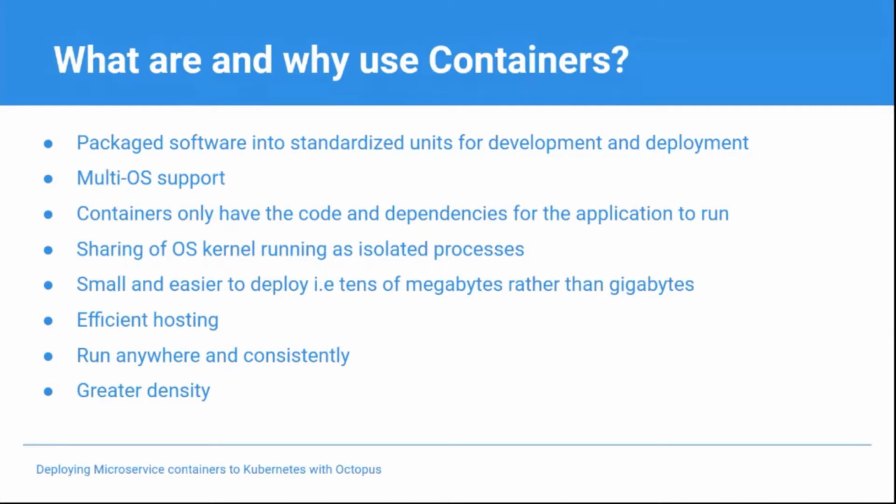Another benefit is that you can run it anywhere and consistently. So what you can do there is multi-cloud. And one of the key benefits as well is that you can get greater density. Traditionally, even with virtual machines, you could use, say, 150% of the resources on a VM host.